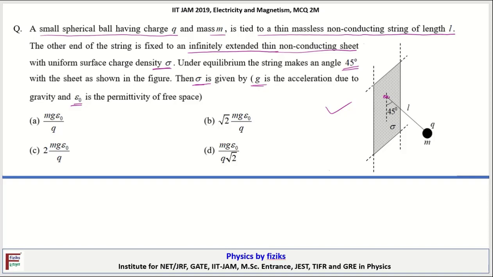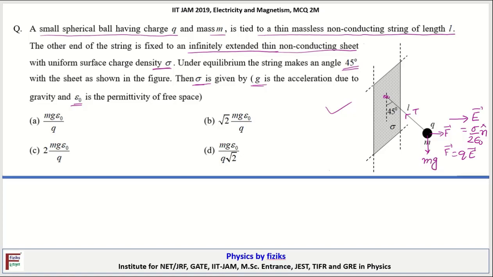So we know that the field due to an infinite sheet is perpendicular to the sheet, and its magnitude is given by sigma by twice epsilon naught, along n cap, perpendicular to the sheet. The electric force on charge Q will be force F, and F is given by Q into E. Now tension in the string is T and gravitational force is mg.